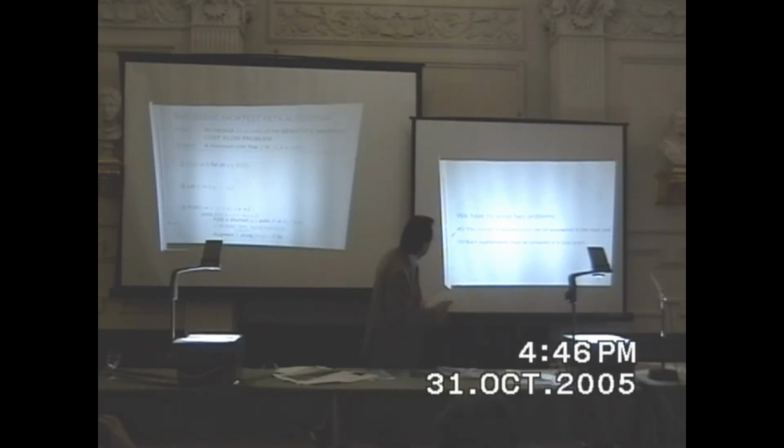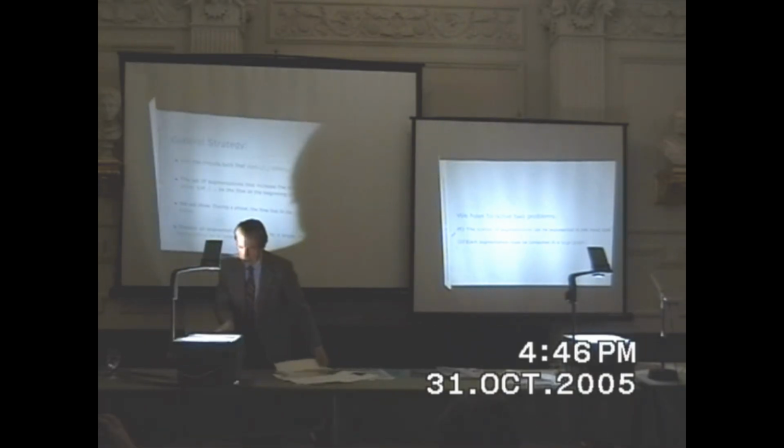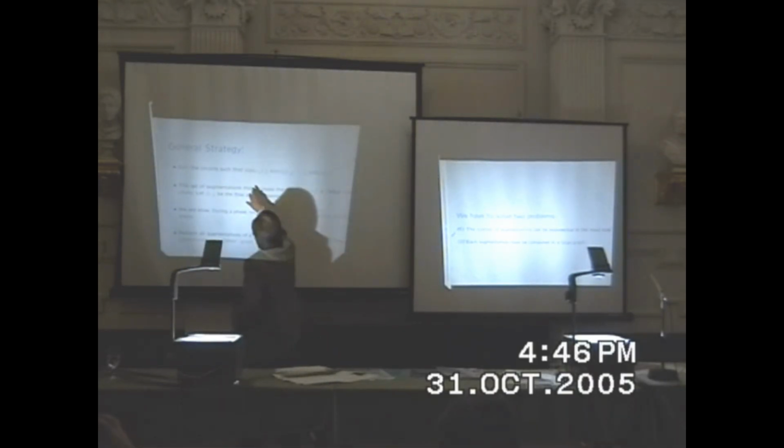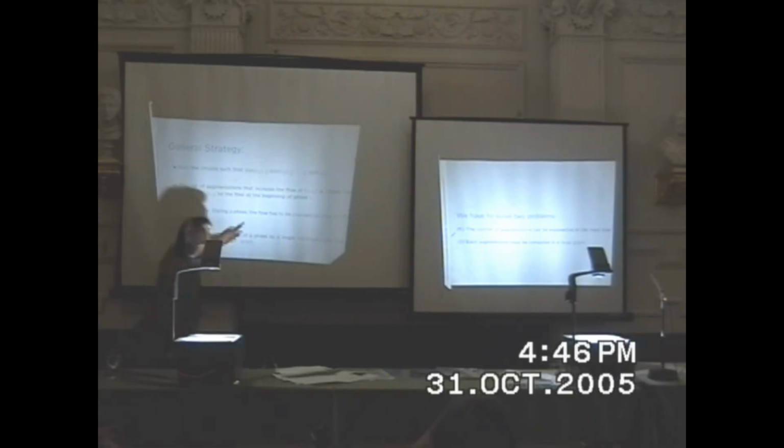So, how to overcome those problems? The strategy in general is as follows. First of all, we solve the circuits according to non-increasing size. Then the set of augmentations that increase a flow is called the i-th phase. I already mentioned that. And let f sub i minus 1 be the flow at the beginning of the i-th phase.